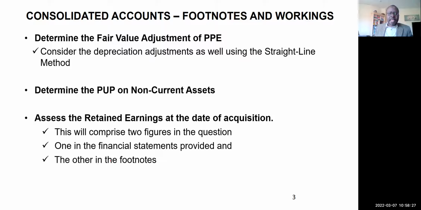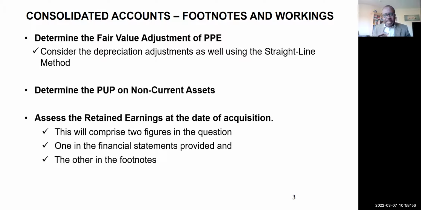Okay. Again, assess the retained earnings. Again, you would have seen that questions will say parent acquired 80% of the subsidiary when the subsidiary's retained earnings was this. Here, there's a little trick. You'll see that the retained earnings is made up of two figures. One is stated in the financial statement, and the second one is stated in the footnote.